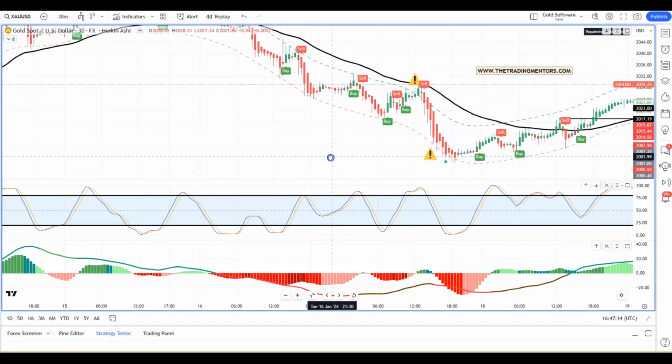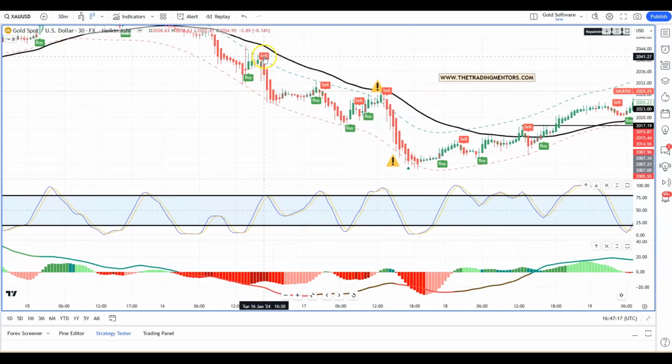So the other thing to bear in mind, you've got the buy and sell signals. So you're only looking for sell signals after a pullback. So you're looking for this kind of action up to there, to the pullback, down to there, pullback, down to there, pullback, down to there in a downtrend. A couple of points to note.